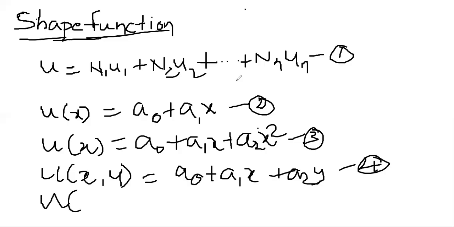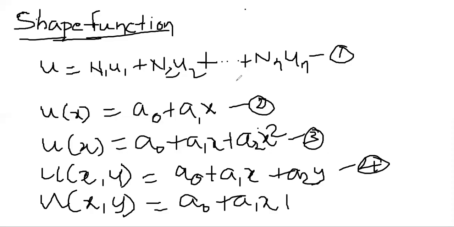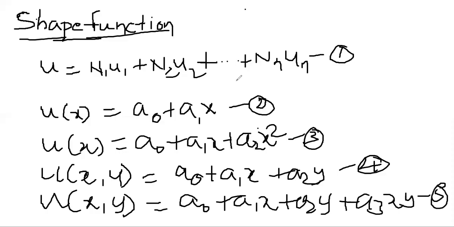Similarly, u of x comma y is equal to a naught plus a1x plus a2y plus a3xy. This is equation 5. So equations 2 and 3 represent the one-dimensional polynomial equations. Equations 4 and 5 represent the two-dimensional polynomial equations.